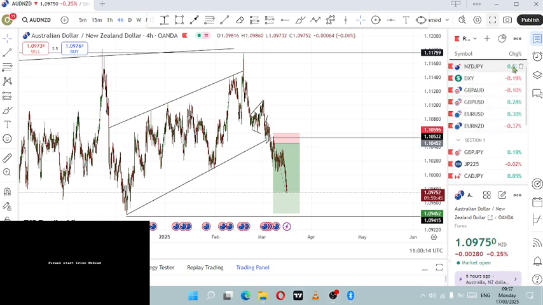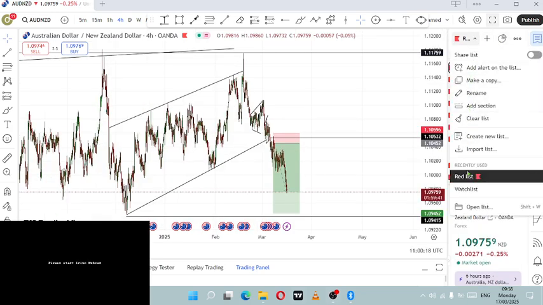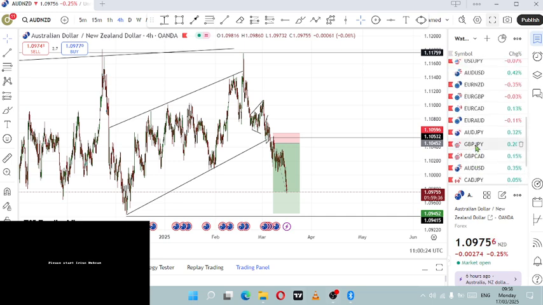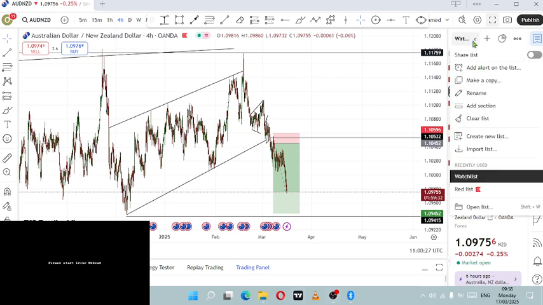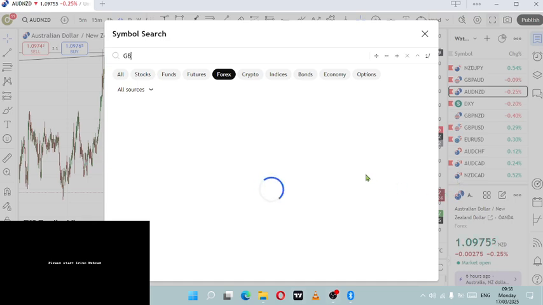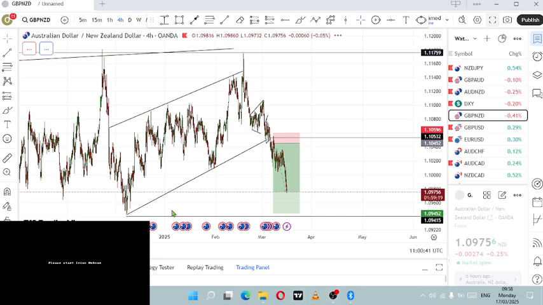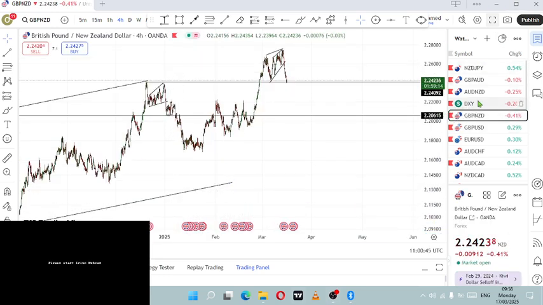Okay, so I will add GBP NZD down. Okay, so I think I have this one too.